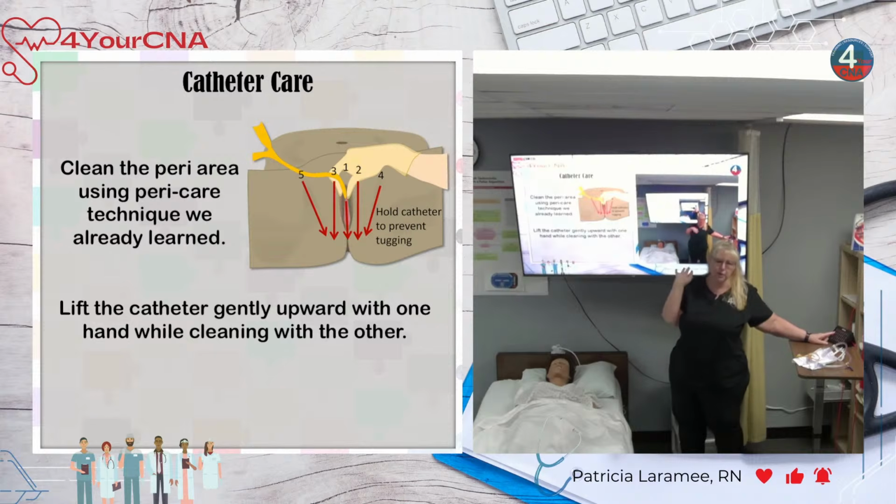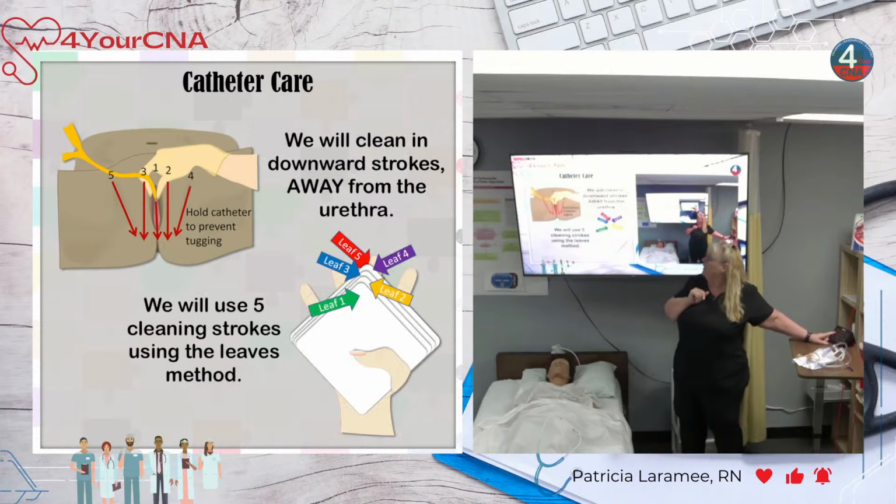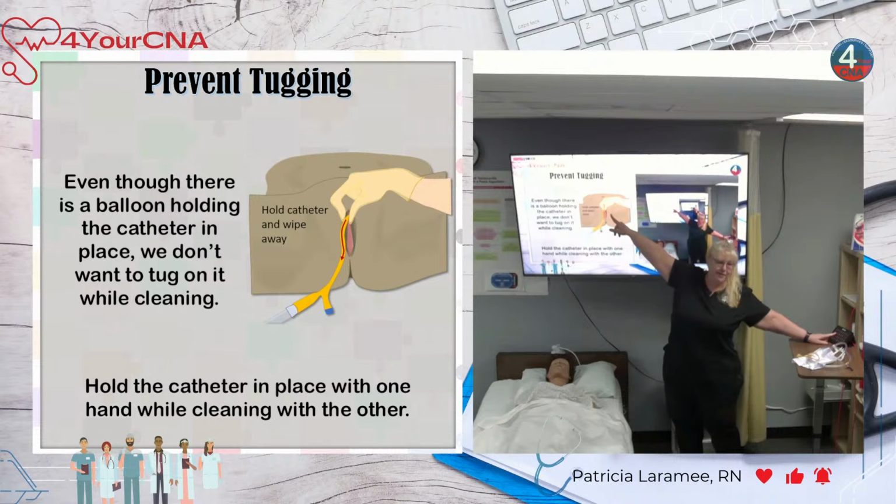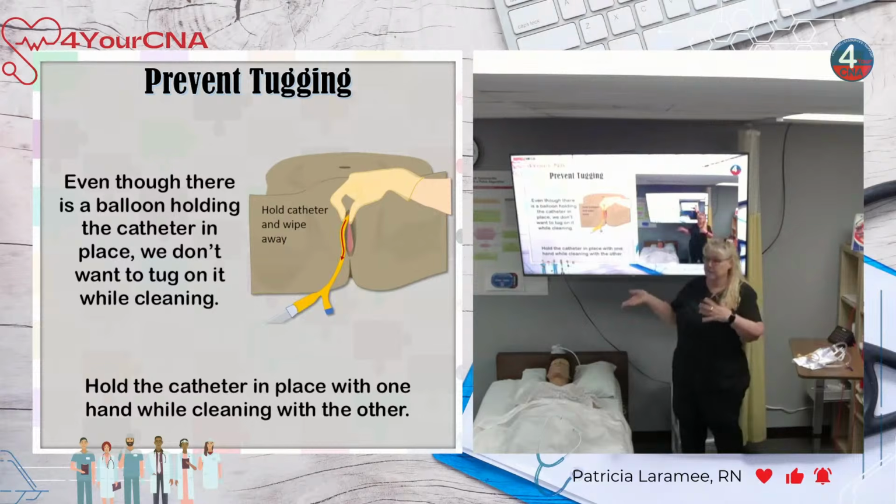We just want it out of the way for a minute. Then, after we've done peri-care, middle, side, skin fold, wash, rinse, dry, we're going to hold the catheter where it exits the body and wipe down the catheter away from the body. Doesn't matter whether this is male or female, the tube is cleaned the same.